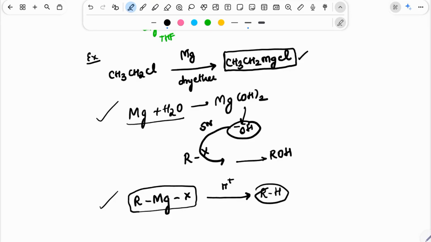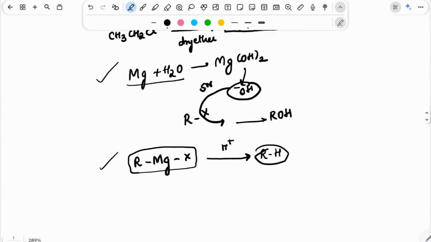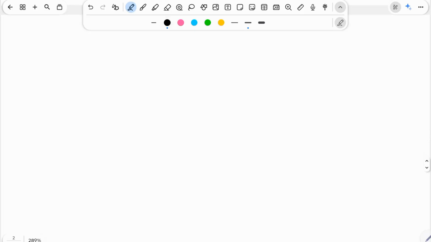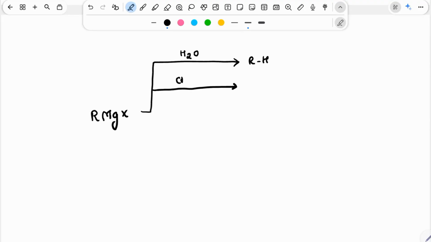Now, how will it react with other substances? As I already told you, this is highly labile towards H+ donors. So this RMgX, not only with water but also with other H+ donors. First I am taking water. What will be the product? RH, the corresponding hydrocarbon. Next, I am taking a carboxylic acid, acetic acid.